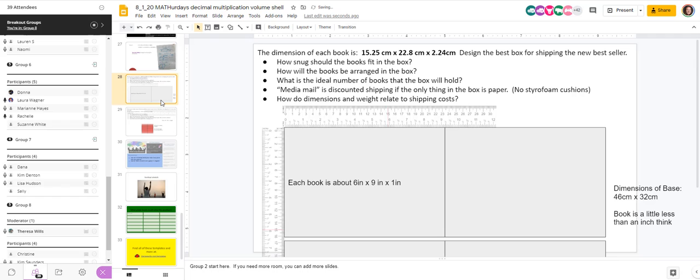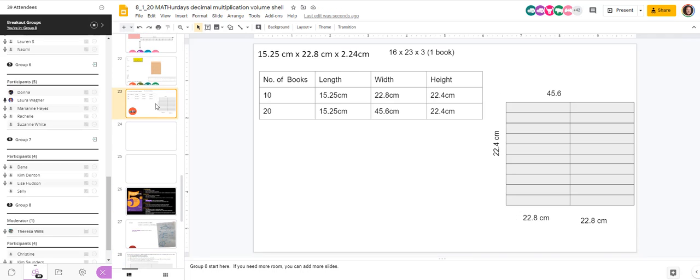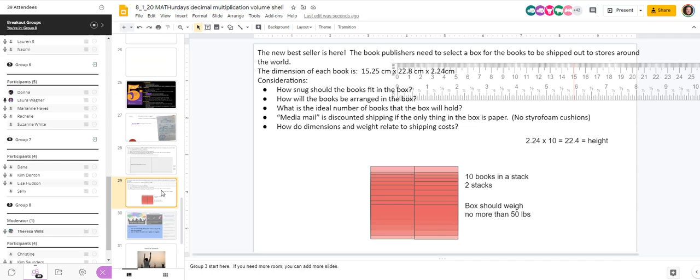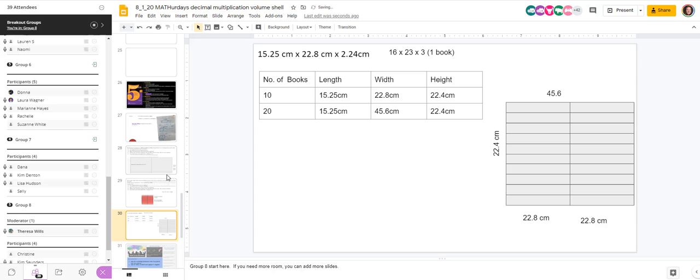So why would this make the best box for shipping? Yeah, that's a good question. I'm not sure if it would be better to have more books in a box.